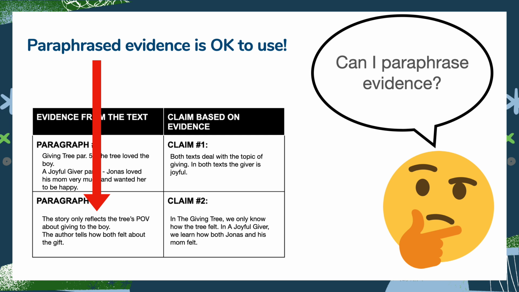When you present your evidence, it is okay to paraphrase it. That means you take the specific evidence and you put it into your own words. If you do this, you have to make it very clear that the paraphrased evidence comes directly from the story and that it's logical and makes sense to connect with your claim.